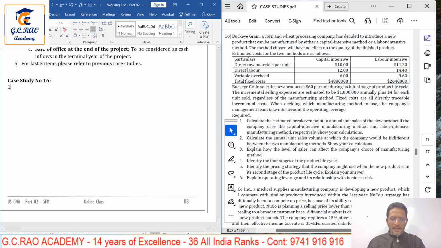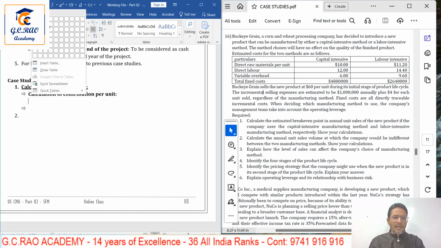Below that, point number 1: Calculation of break-even point in units. Below that, first arrow mark: Calculation of contribution per unit.